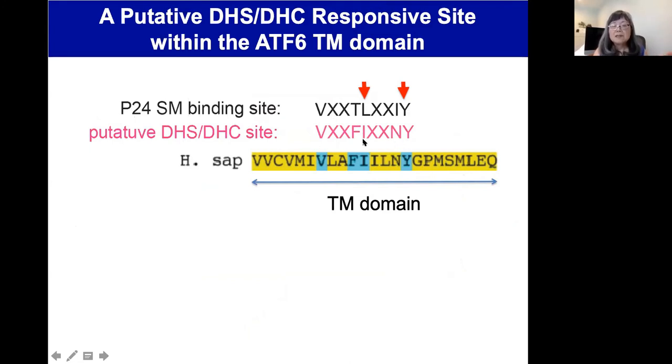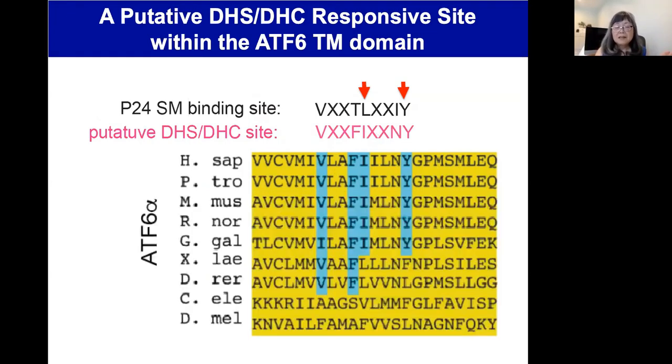In particular, the residues conserved or thought to be important for binding to sphingomyelin are also present, and their spacing is maintained. Furthermore, when we looked at ATF6 from other species, we found that these residues are conserved. So we thought, well, maybe we can see what happens.